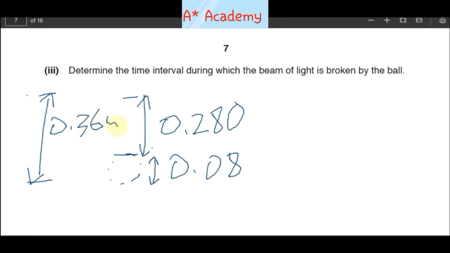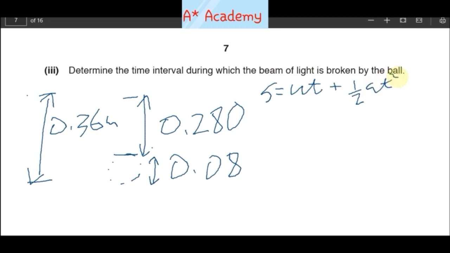Let's find that time. Again, we make use of the equation of motion, which says S equals ut plus half a t squared.